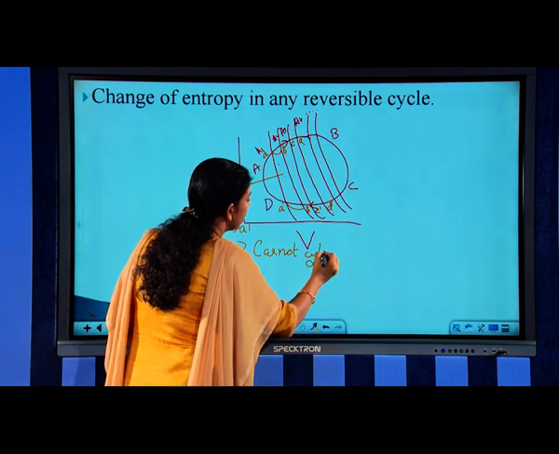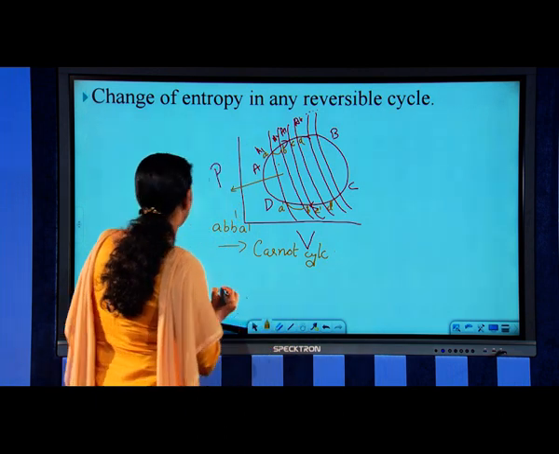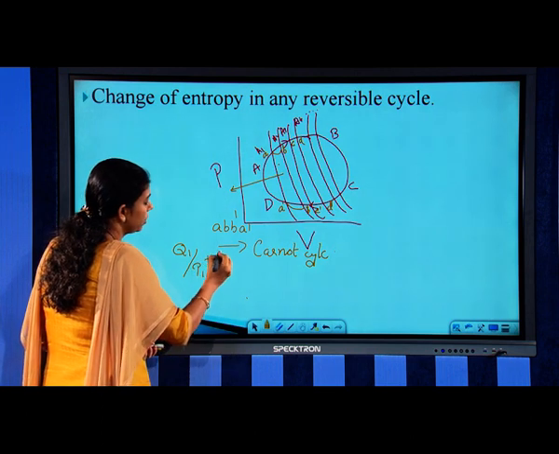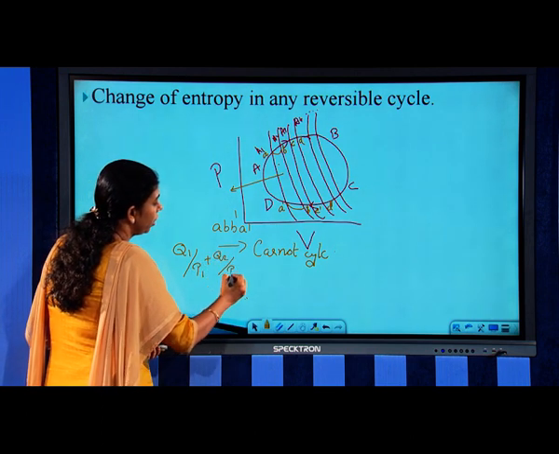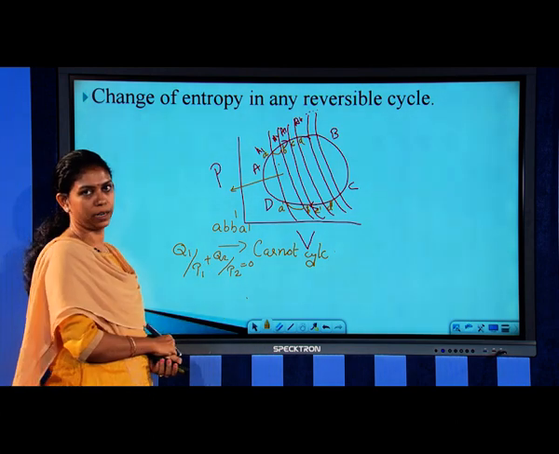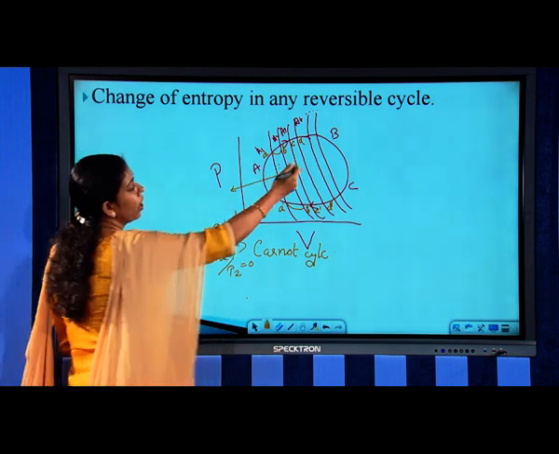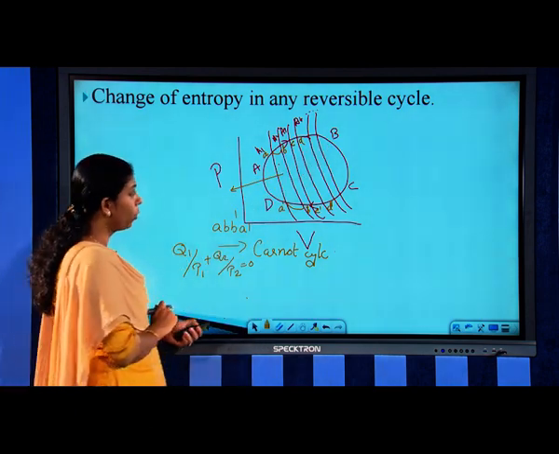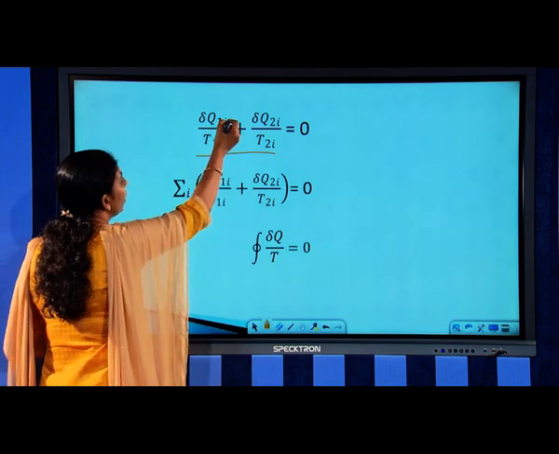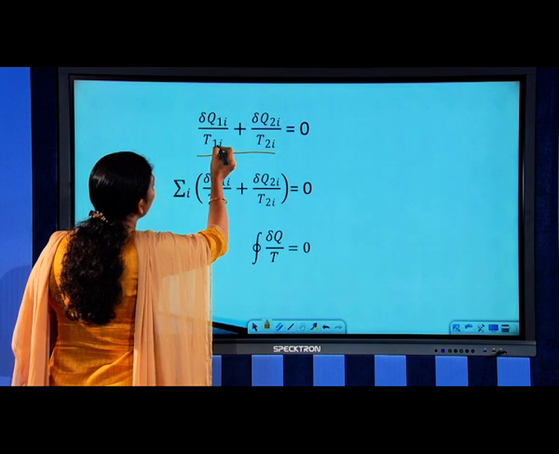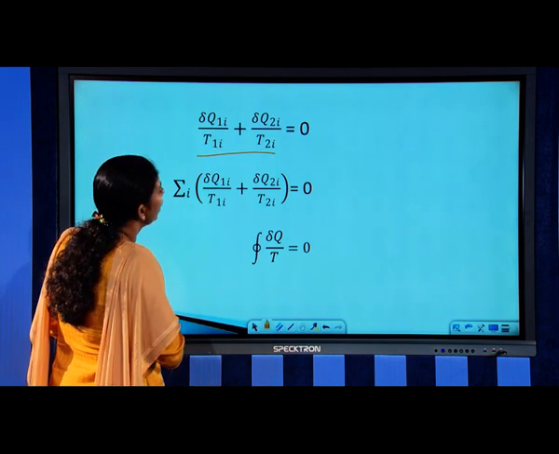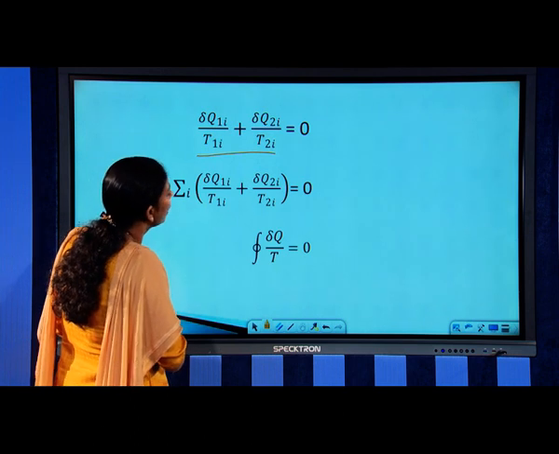As I already discussed, in a Carnot cycle, Q1 by T1 plus Q2 by T2 equal to 0. This is for one Carnot cycle. Here, so many Carnot cycles are there. So, we represent this as delta Q1i divided by T1i plus delta Q2i divided by T2i is equal to 0.